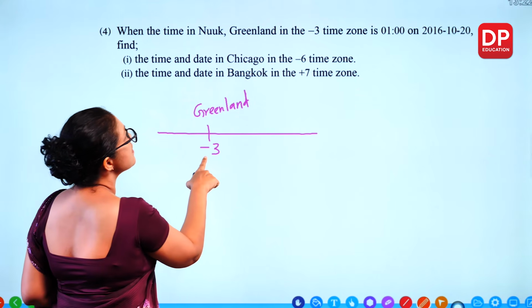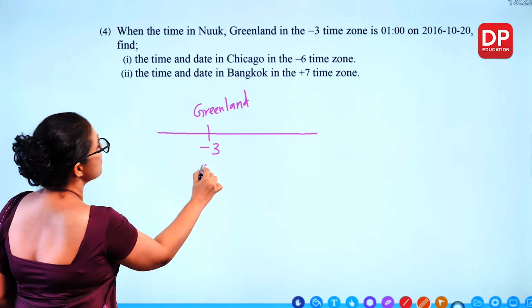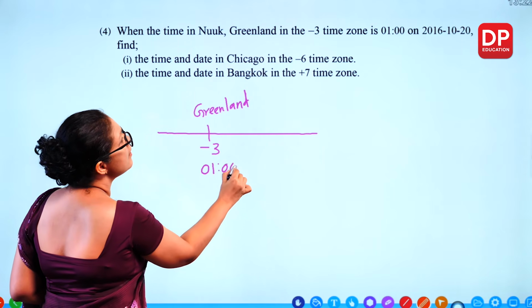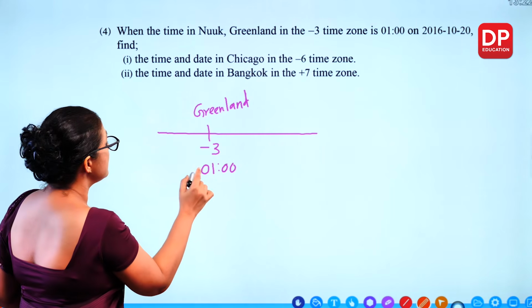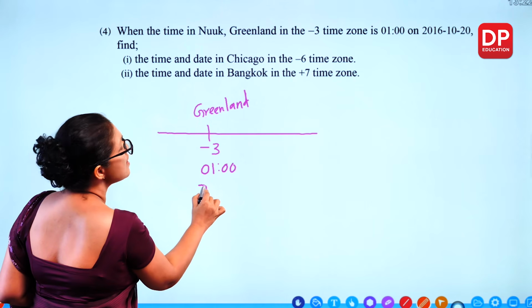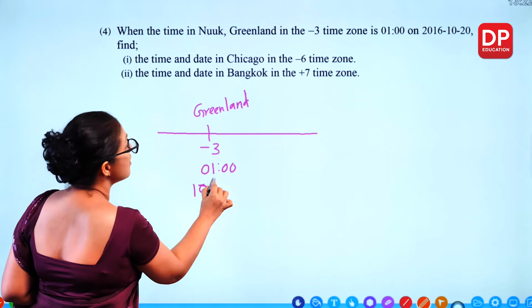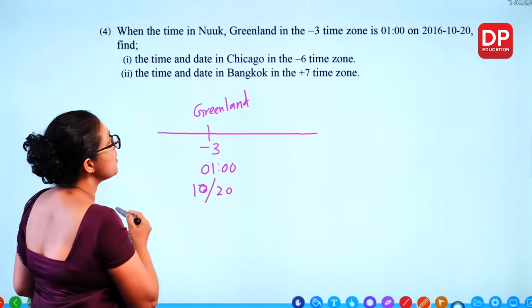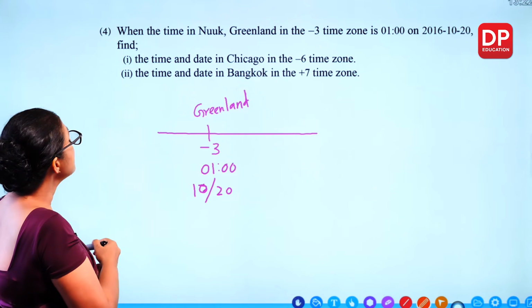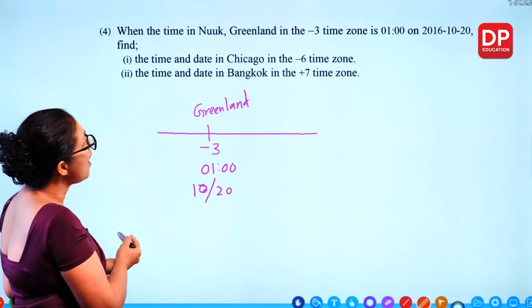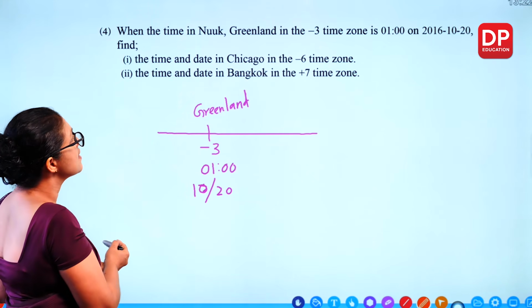Greenland, that's -3. What's the time? 1 in the morning. Date is 2016, 10 and 20, October 20th. So find the time and the date in Chicago in the -6 time zone.